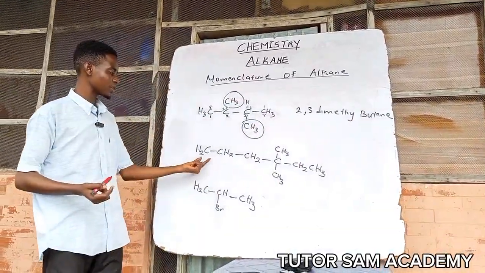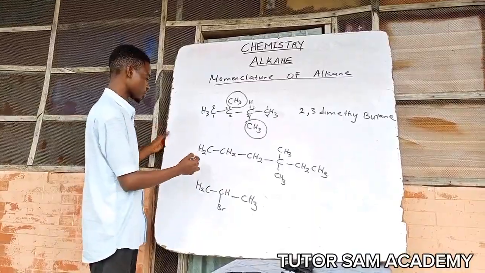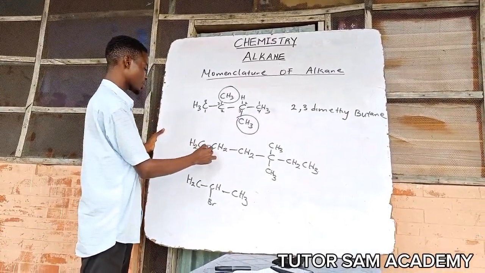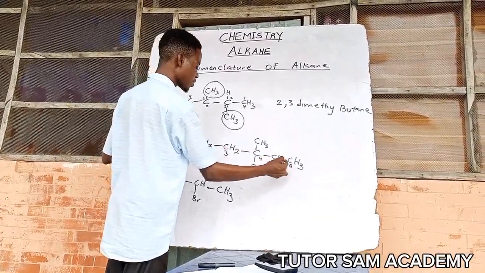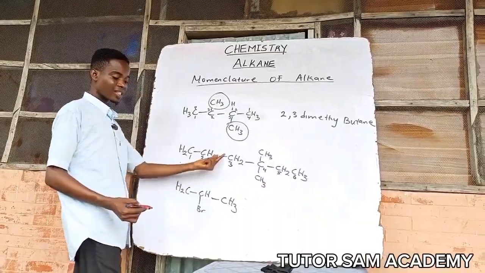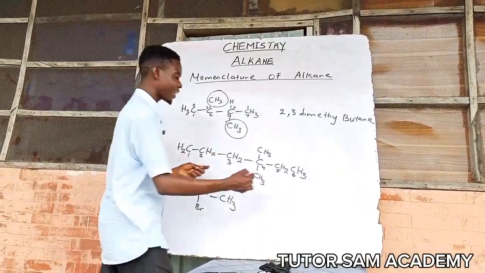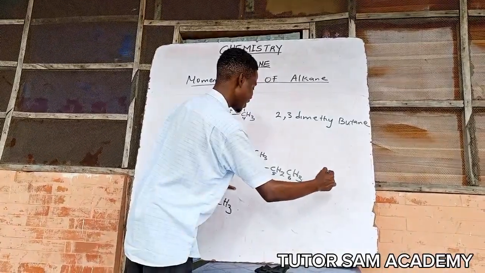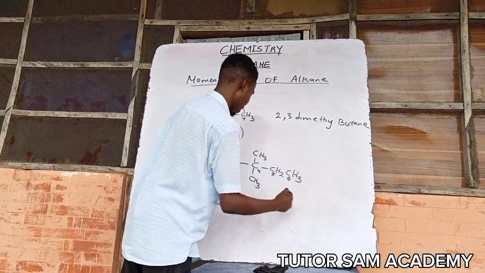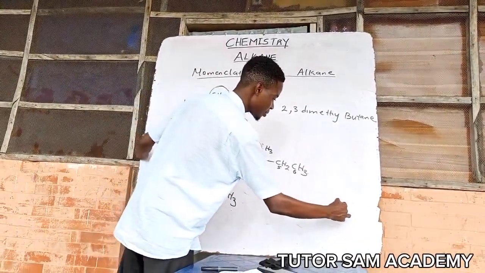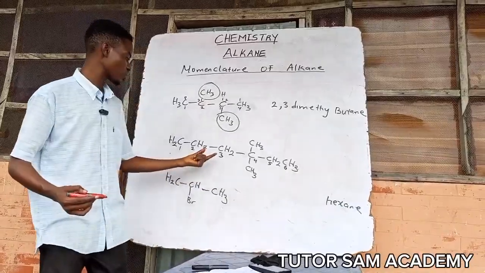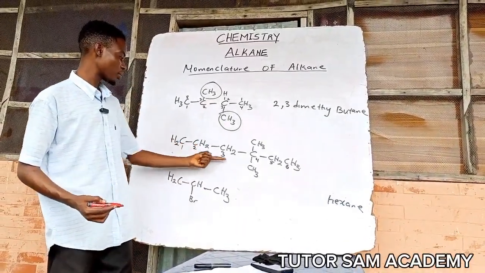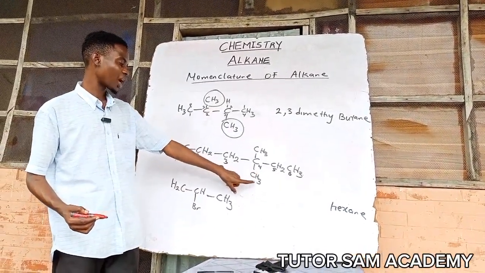Now let's come to this one. If you number this carbon 1, 2, 3, 4, 5, 6, this is a 6 carbon chain, so this is hexane. Let me put the parent name here. We have a substituent on this hexane. If I number from here, my substituent position is on carbon 4.